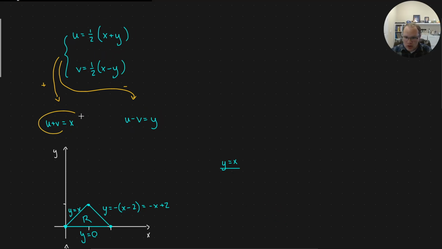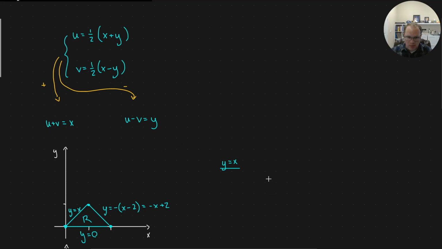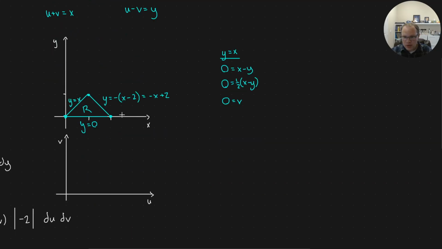Now I could just plug this in for the x and this in for the y, but I could be a little bit smarter about it if I subtract the y to the other side and then multiply by 1/2. Then I get 1/2 of (x minus y). That's exactly what v is.